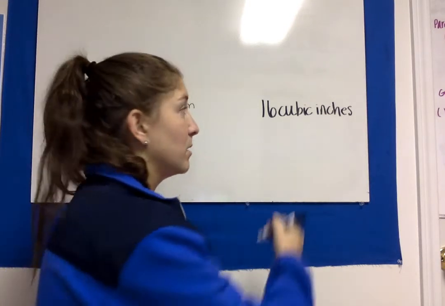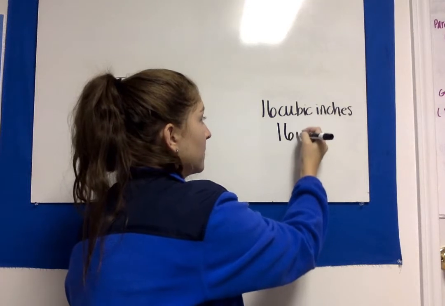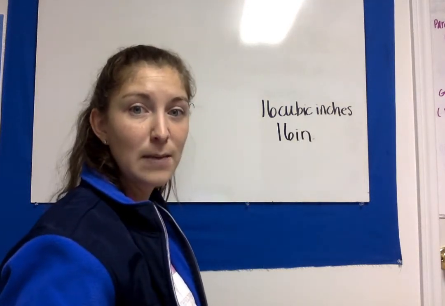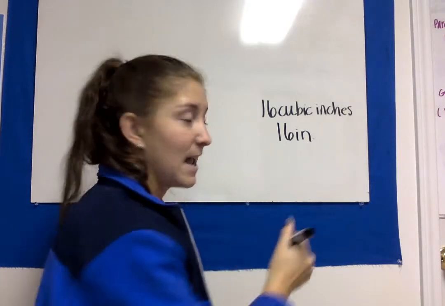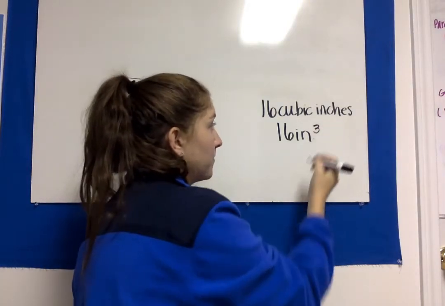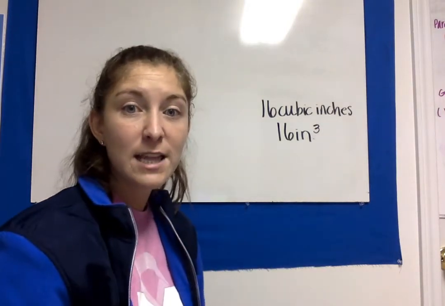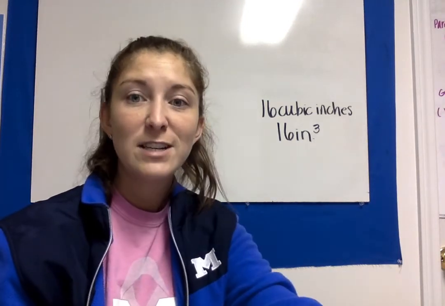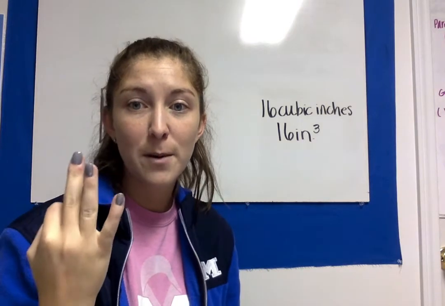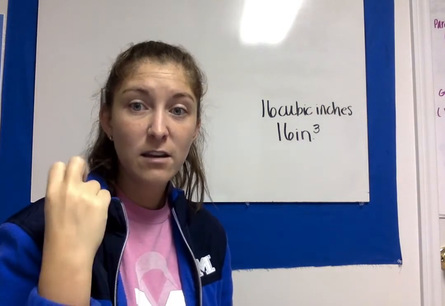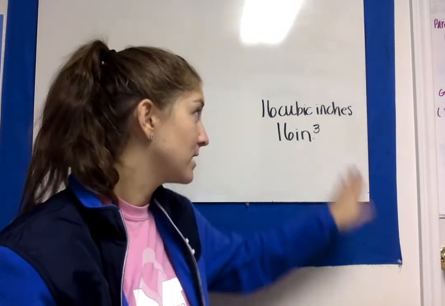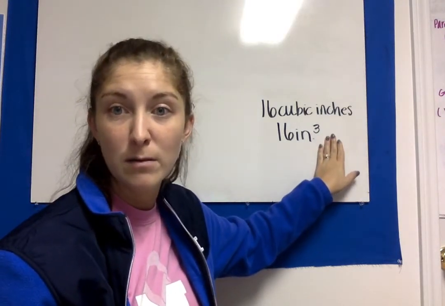Anytime that we abbreviate it, we always want to make sure that inches is labeled with the little 3 as an exponent. The reason that we use a 3 when we're labeling volume is because we have to take into account 3 different measurements: the length, the width, and the height of an object. That's where the 3 as an exponent comes up.